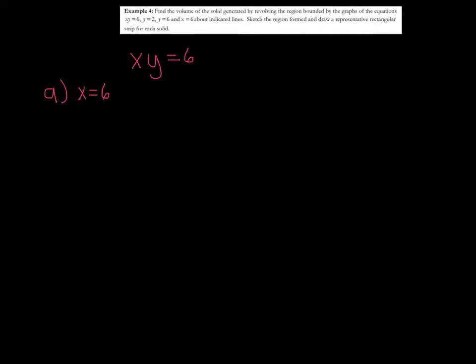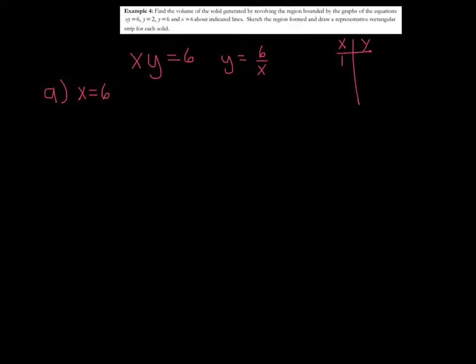All right. So if we solve this equation for y, we end up getting 6 over x. And you may not be familiar with what that looks like, so maybe we make a table and we'll say x, y. All right, so when x is 0, can't plug in 0 because can't divide 6 by 0, it's undefined.